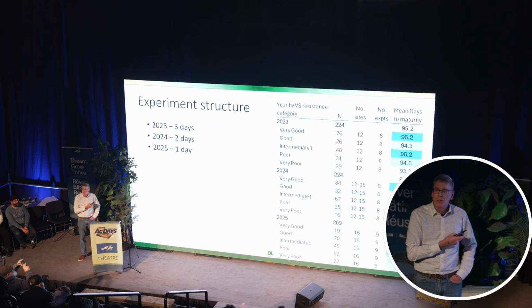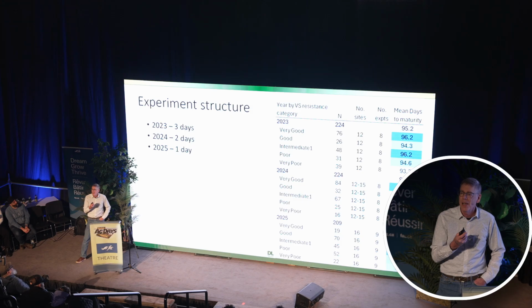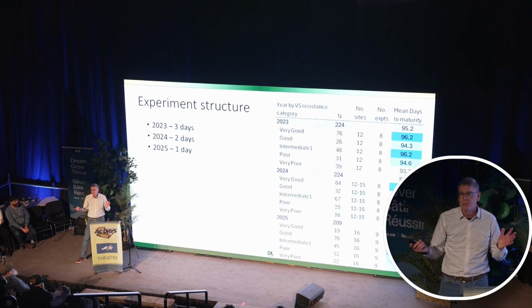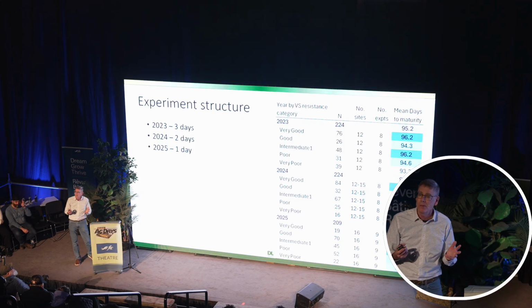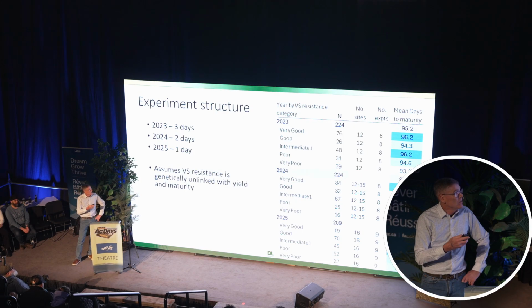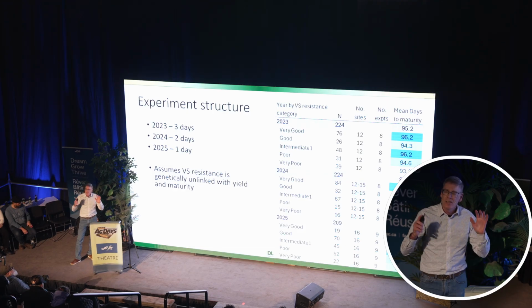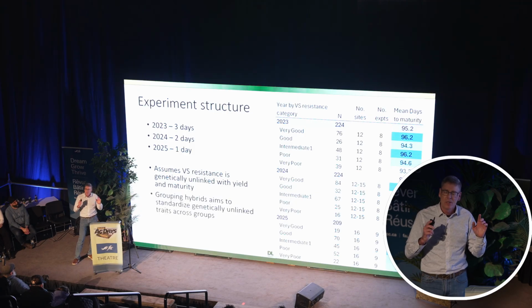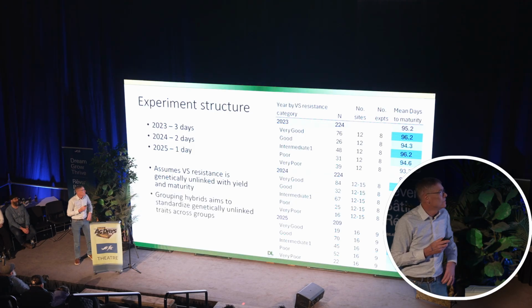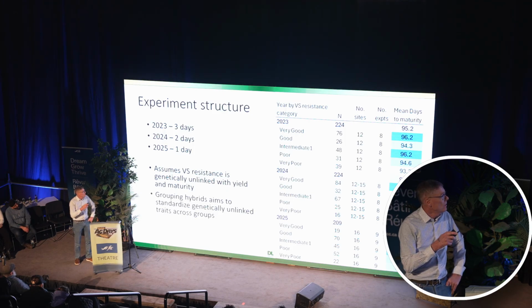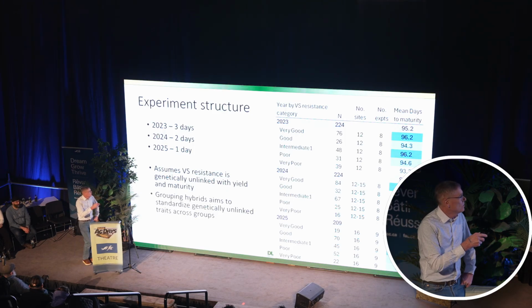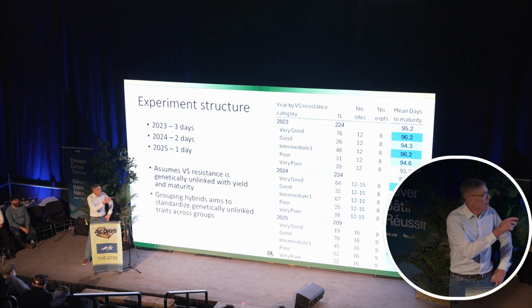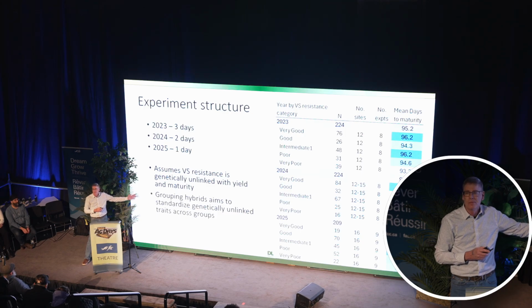Now, if you exploded one of those groups to look at all the individual hybrids in there, that range would be much bigger. It could be 8 days difference between the earliest one and the late one. So the purpose of one of the things these groupings do is it calms down the traits, all the other traits that aren't directly related to disease resistance. And that's why this is important. So what I'm doing here then is I'm assuming that verticillium stripe resistance is genetically unlinked to yield and maturity.